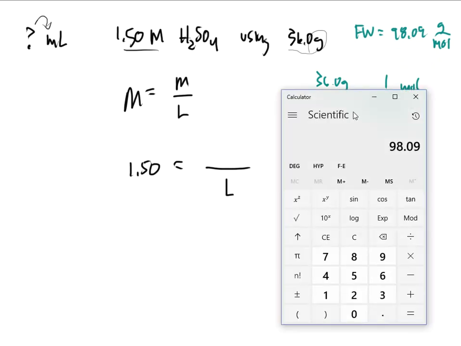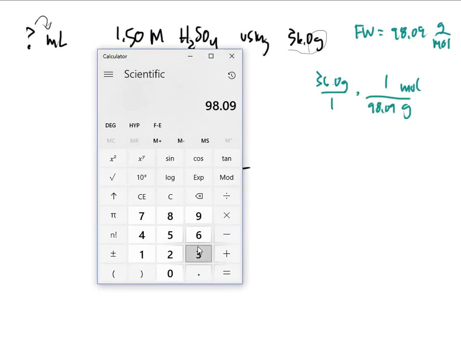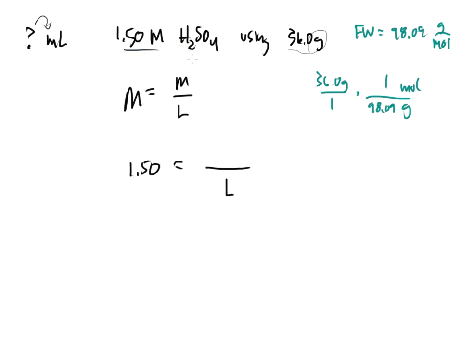I'm going to take 36 and divide it by 98.09, and I'll get 0.367 as an answer. That's how many moles I'm using to make this solution. So in this equation, 0.367 is going to go there.